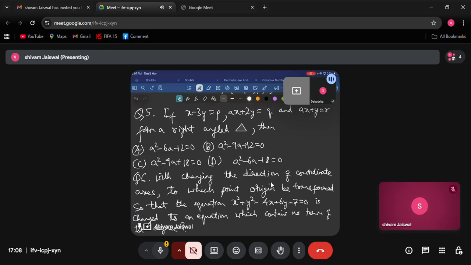Either the first line is perpendicular to the second line, or the second is perpendicular to the third, or the third is perpendicular to the first. So you need to find out the values of a.